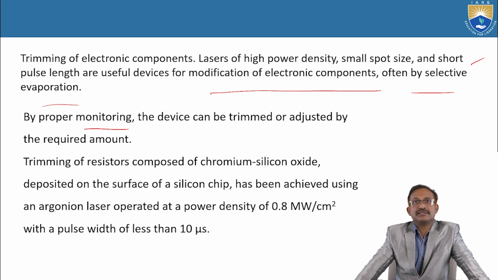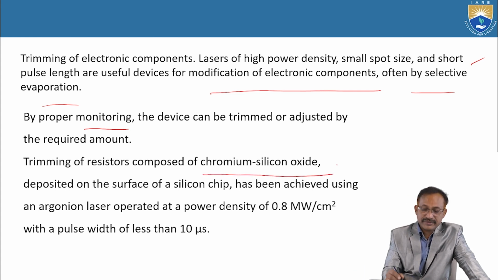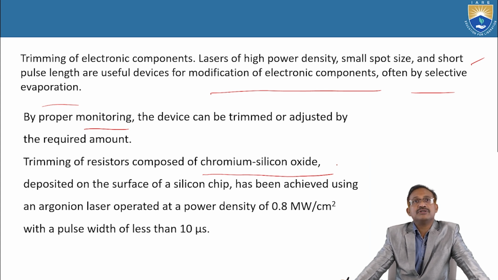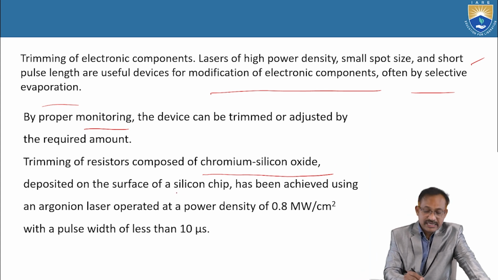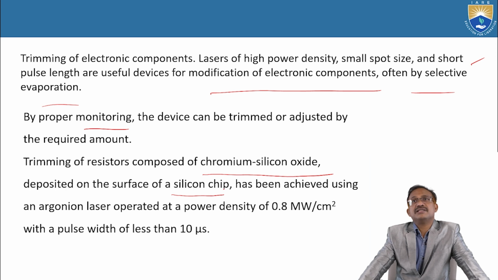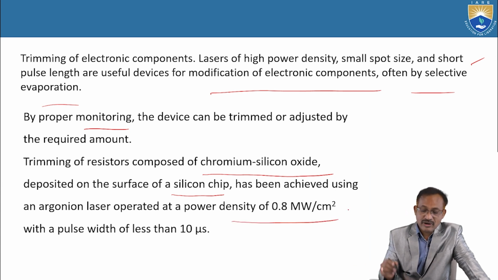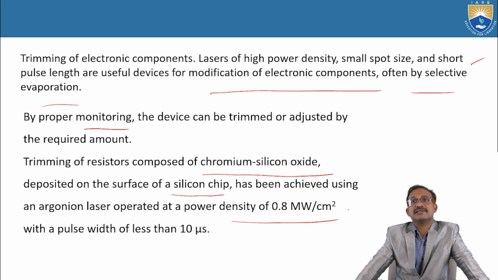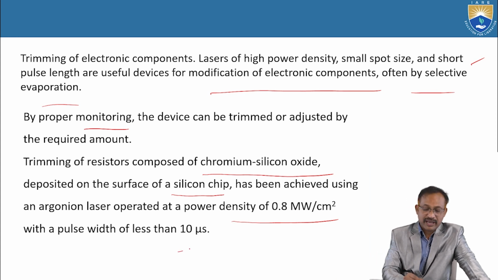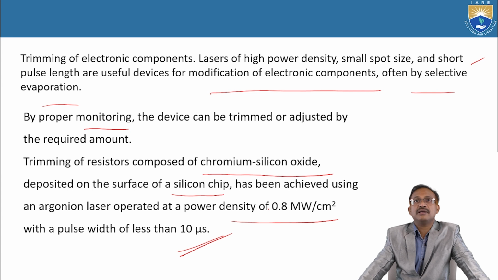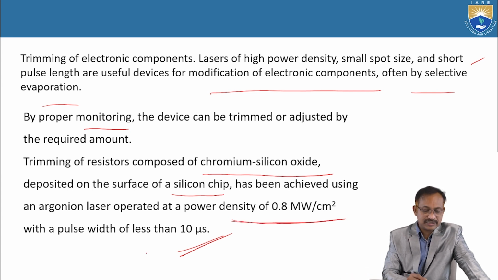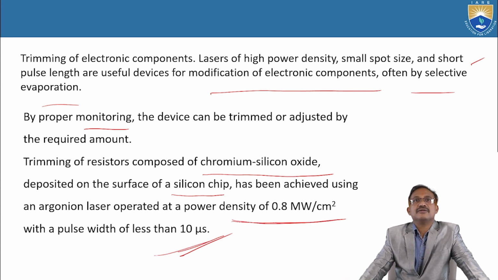Trimming of resistors composed of chromium silicon oxide deposited on the surface of a silicon chip has been achieved using an argon ion laser operated at a power density of 0.8 megawatts per square centimeter with a pulse width of less than 10 microseconds. So this is about the power density, this is about the pulse width.